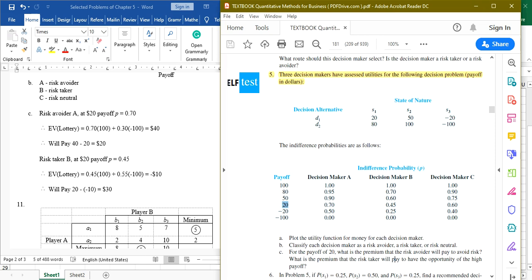So 40 minus $20 over here, as it's given in the question, it's $20. So this guy, in order to hope to win $20, is ready to give a premium of $20 risk.